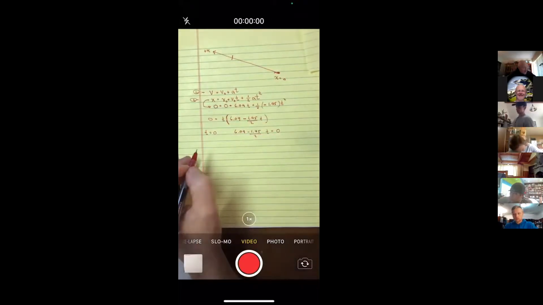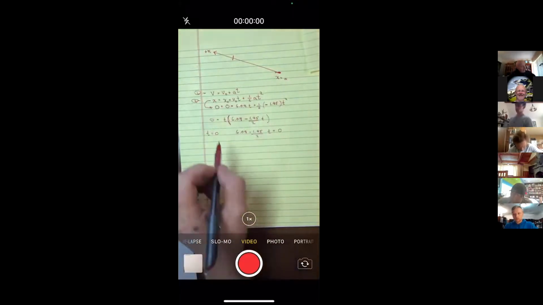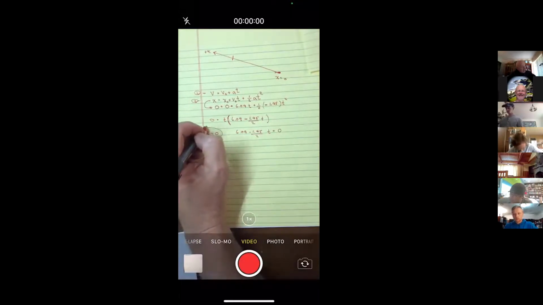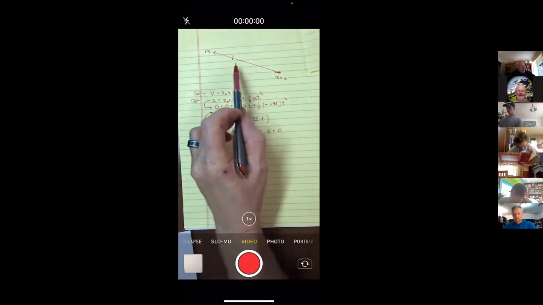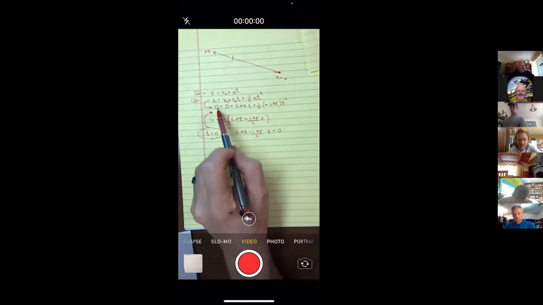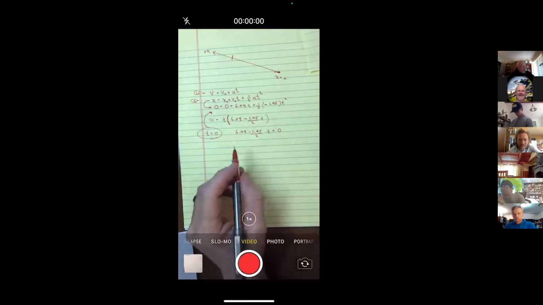And I would say then physically what that means is one answer is when the ball is on its way up, and that would be this. So it equals position of 0 at time equals 0 on the way up. And so this one here would be the time it is at position 0 after it comes back down. So that's why there's 2 answers here.